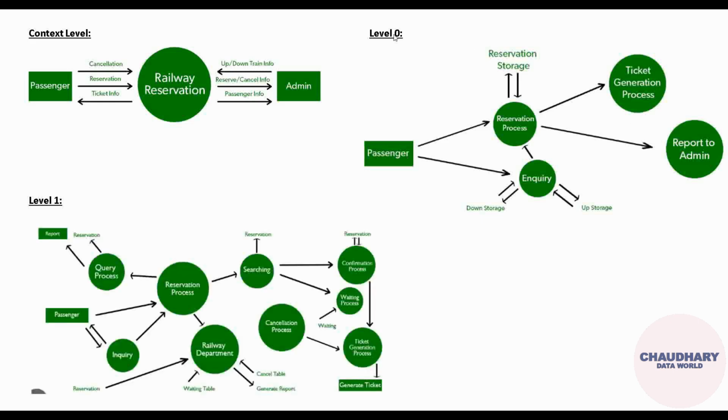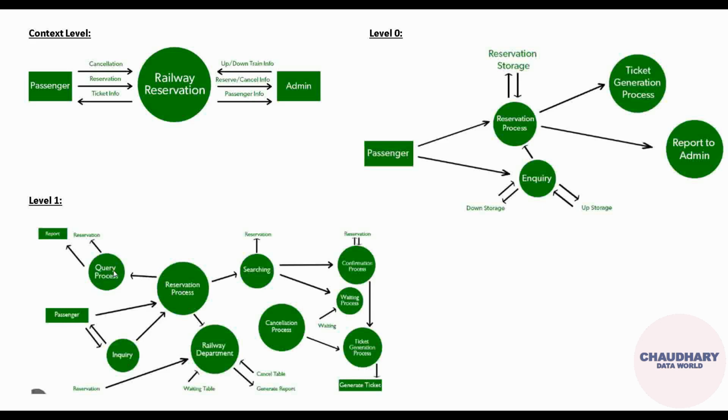Now in level 1, it becomes more granular, right? Here you can see that there are multiple entities as well: report is an entity, passenger is an entity, generate ticket is an entity. These are the end use cases of your whole business. The processes responsible to handle all these entities include the reservation process.